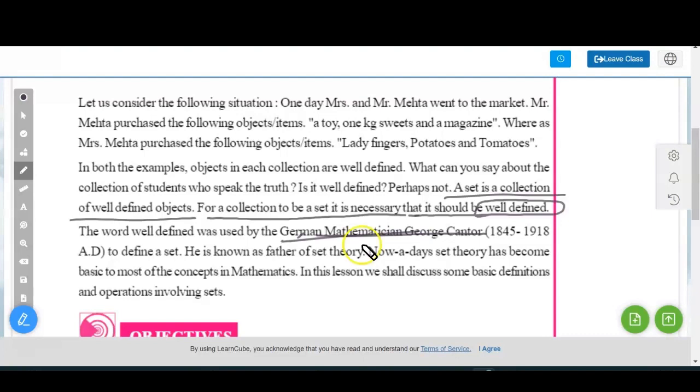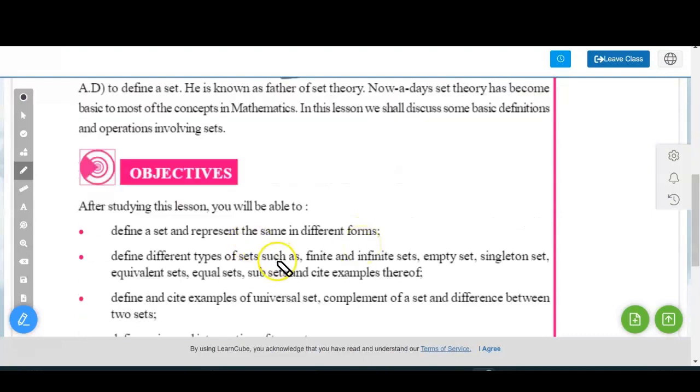Okay, so let's see what you want to know about these sets. To know sets, the basic knowledge you have to have is about the number system, which is the different types of numbers and all. In this chapter, we will be learning about a set and how to represent it in different forms.